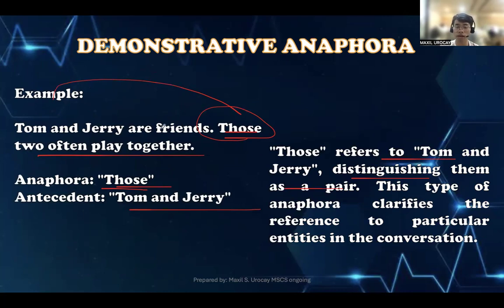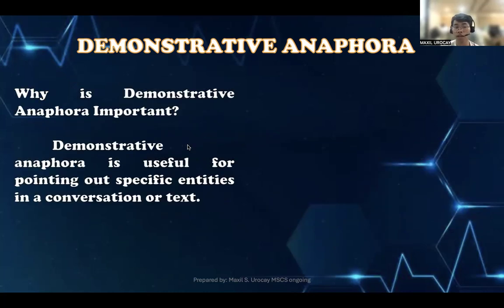So this type of anaphora really clarifies the reference to particular entities in the conversation. It is really important since demonstrative anaphora is useful for pointing out specific entities in a conversation or text. If you check our example, we were able to demonstrate the same thing for Tom and Jerry, using those to refer back to Tom and Jerry.